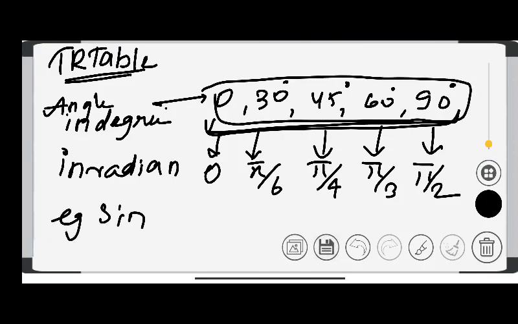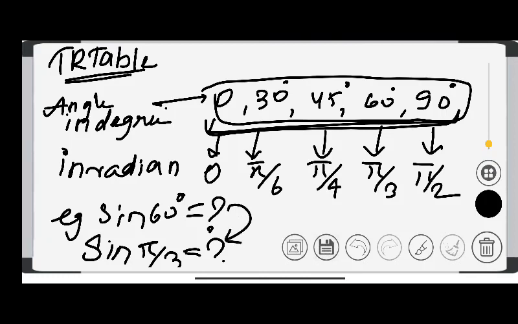What is sine 60 degree? If they give you sine pi upon 3, what is sine pi upon 3? These are the same way. Both of their answers will be root 3 by 2. That's it. So let's remember the values.